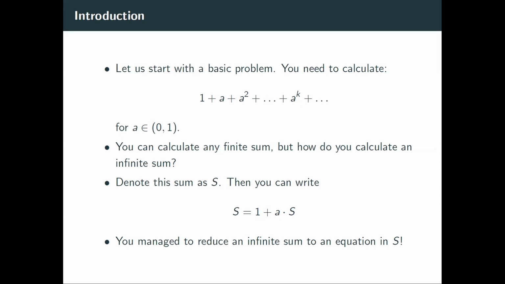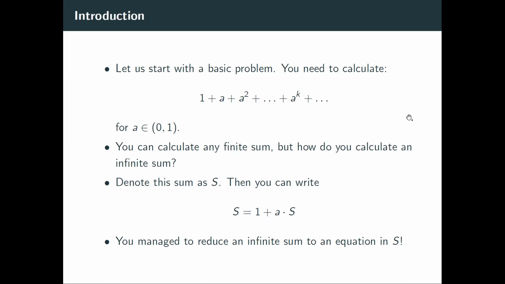I believe you all can do this, but when you first face this problem, at school or whatever, the original problem of this task is that you cannot calculate infinite sums, naturally, because they're infinite, right? You need to perform an infinite number of additions, and no matter how fast you can do addition, it's not feasible to do infinitely many.